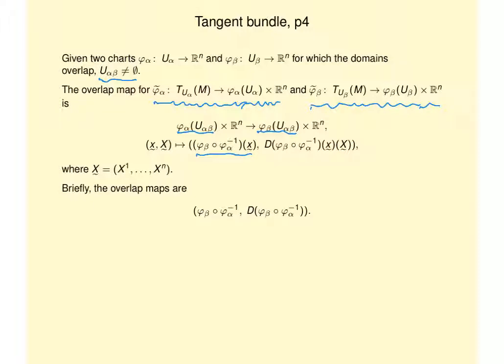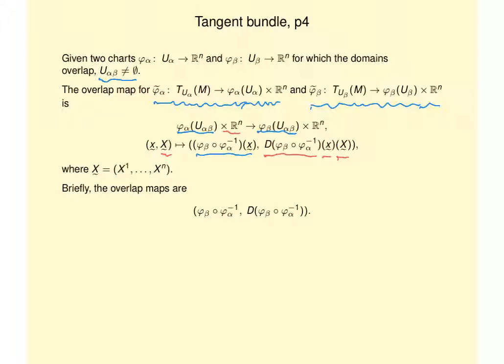On the other hand, for the components of the tangent vectors, that's the capital X tilde, this goes across to the effect of applying the derivative matrix of the overlap diffeomorphism at the point little x that we're concerned with to capital X, the coordinates of the tangent vector.